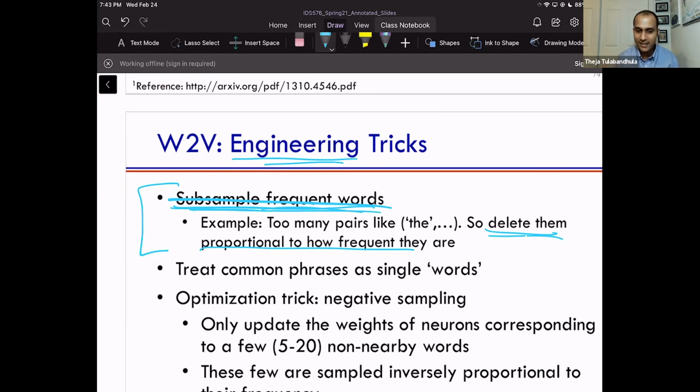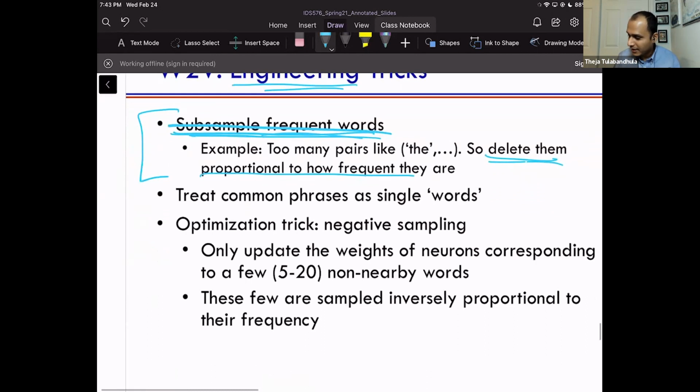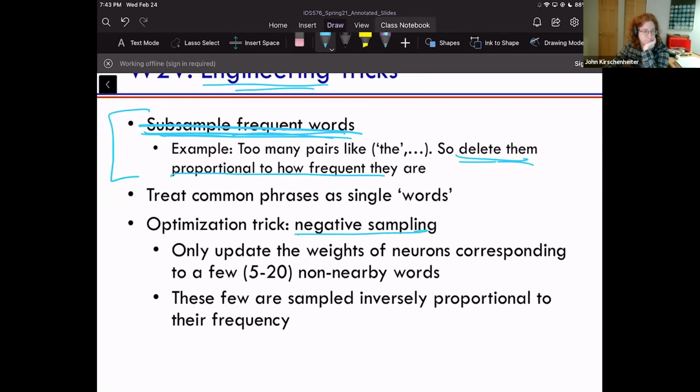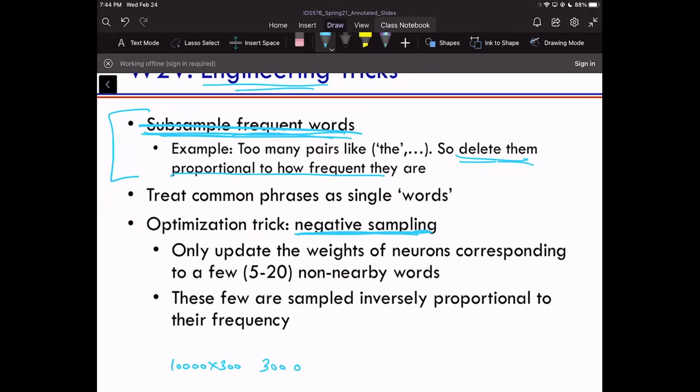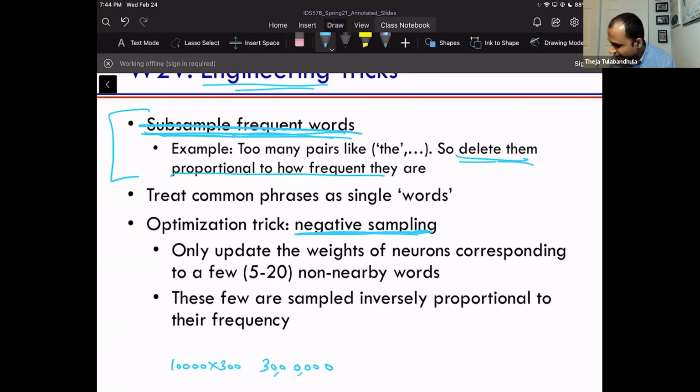Good point. They also deal with something else, which is called negative sampling. I strongly encourage folks to look at it if you have time. It's about the fact that, in our example, we have 10,000 words times 300 dimensional vectors for each word. How many is that? 300 and then four zeros, so 3 million numbers.